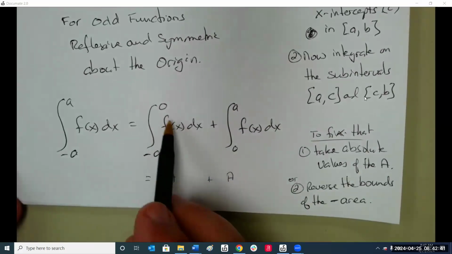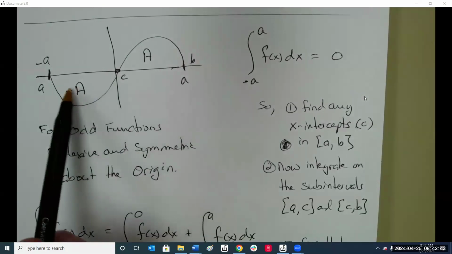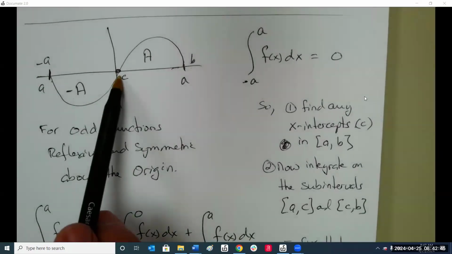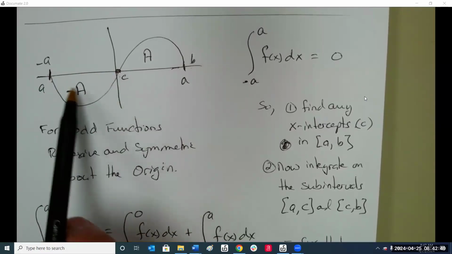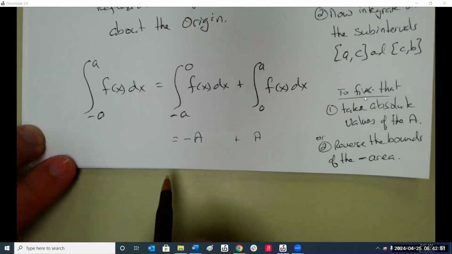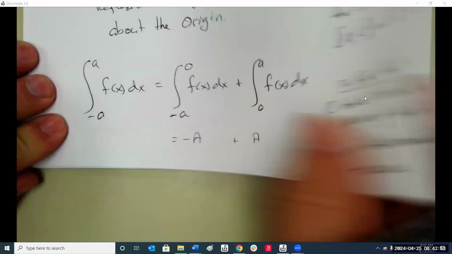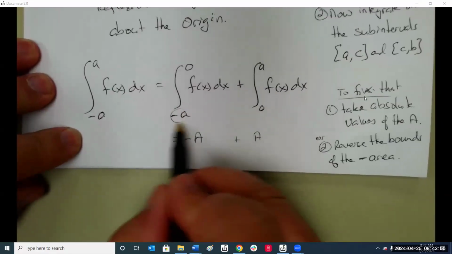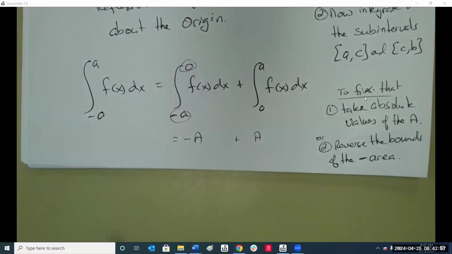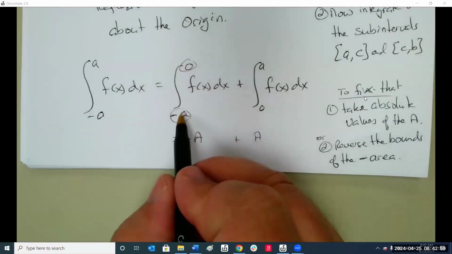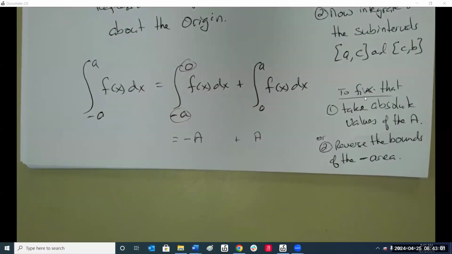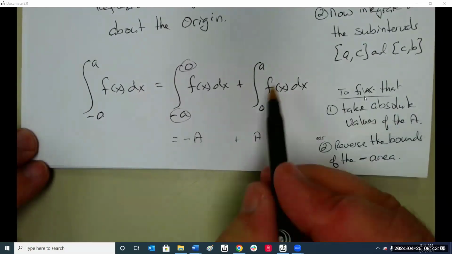So in this first one, we look at our graph, we see that from negative a to 0, that is negative area. So we can fix that by changing our bounds. Instead of from negative a to 0, go from 0 to negative a. That'll give you a positive answer now. And then leave the other one alone.